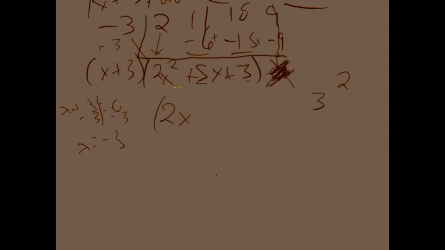We know that 2x squared only has two factors, 1 and 2, right? And we're going to put the 2x first. You can do either way, but I'd rather put the 2x first because it's already first and might as well keep it like that.